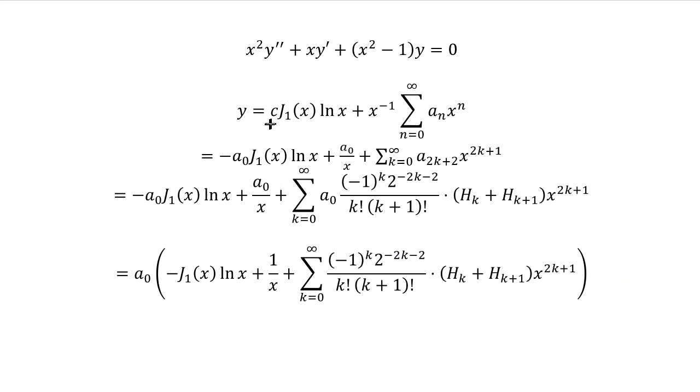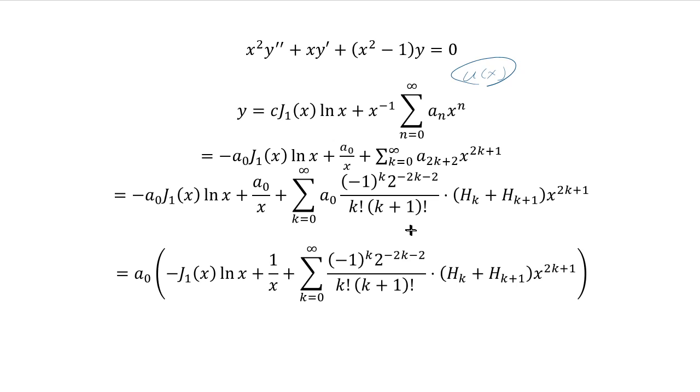So let's do that. So we had c equals negative a0, and originally we called this u of x, right? But we also know that the odd ones disappear, and only the even terms are produced.